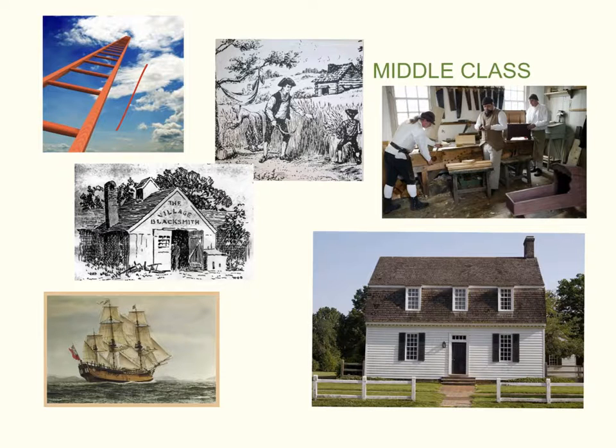They were subsistence farmers, clergy members, shopkeepers, carpenters, blacksmiths, your everyday working class people. They had modest, nice homes, nothing fancy, but they were the backbone and the heart of America, and most Americans would have fallen into that middle class category.